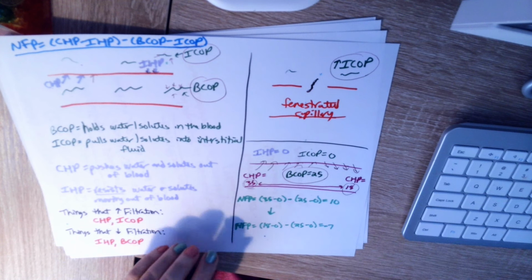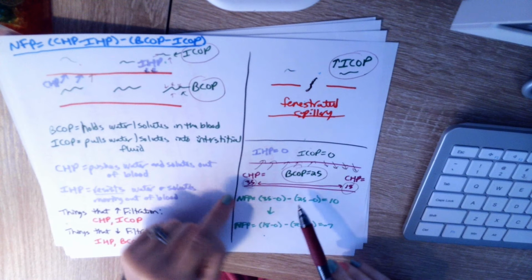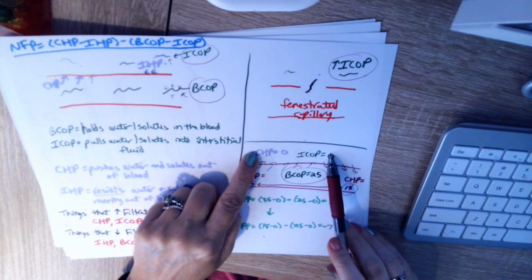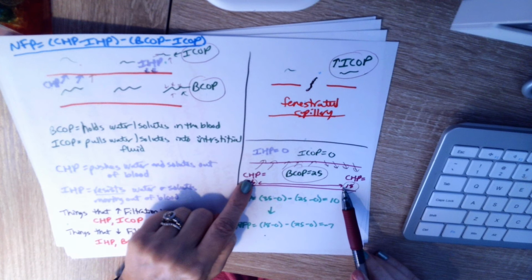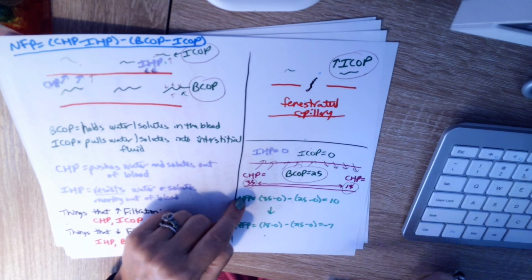So I'm going to ask a question. I'll give you a second to think about it before I just drop the answer on you. But if we held these at 0, so just essentially ignoring these two, what capillary hydrostatic pressure would give you a net filtration pressure of 0? Give me a second.